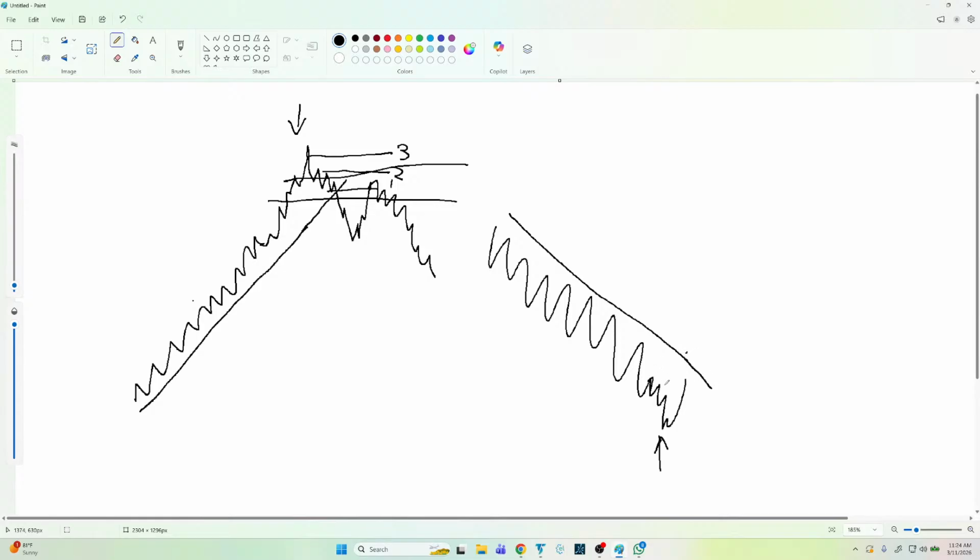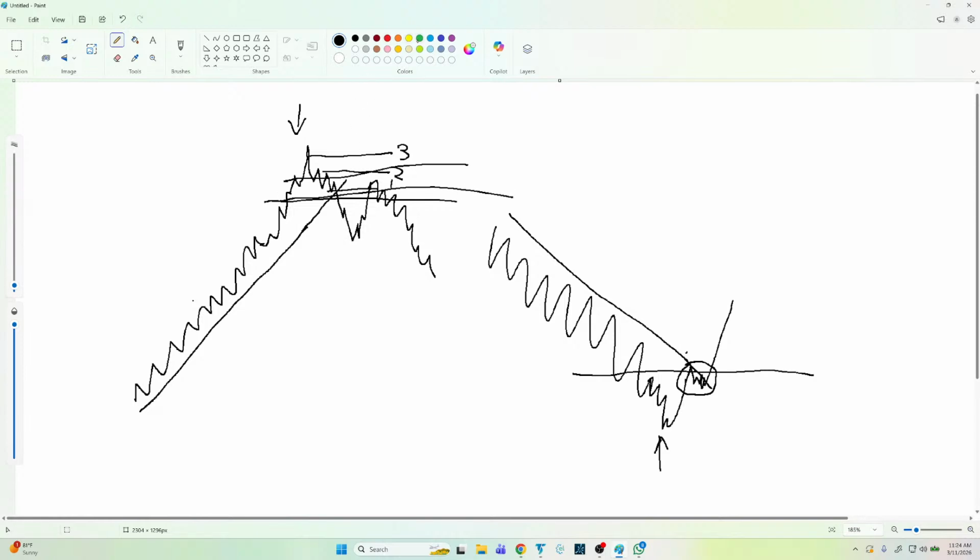Usually this origin of the break will have a little micro consolidation right before. And usually it'll be breaking a support or resistance area. Like you'll see, okay, there was a little support area here, right?